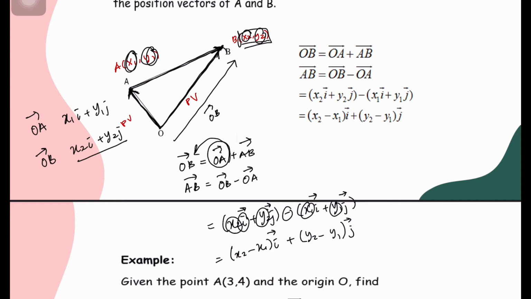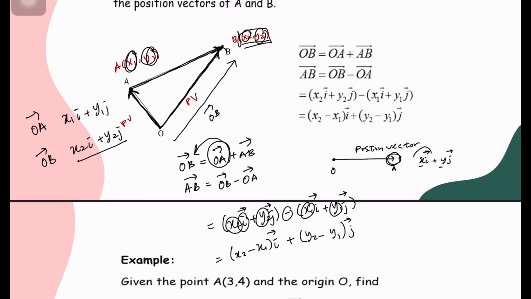So this is how you find the distance or the value of a vector from position vectors, where a position vector is the vector from the origin to any point. So this vector we call a position vector, and a position vector can be represented in the form xi plus yj, where x and y are the coordinates of point A.